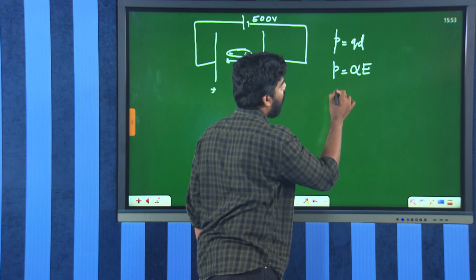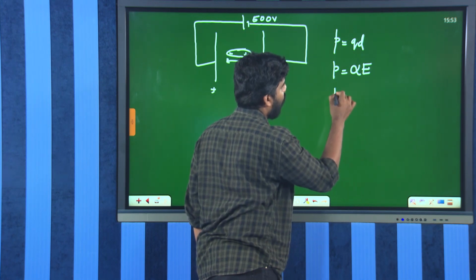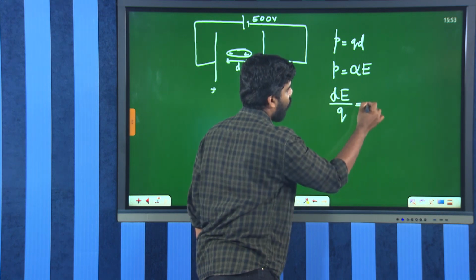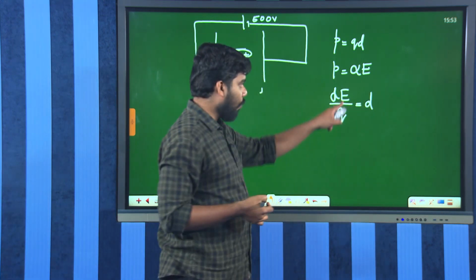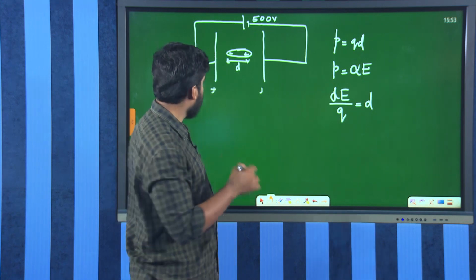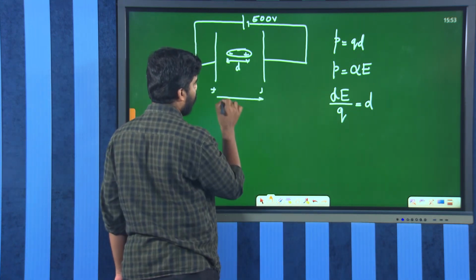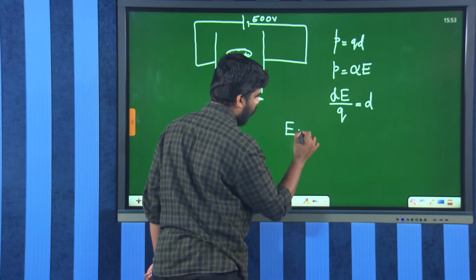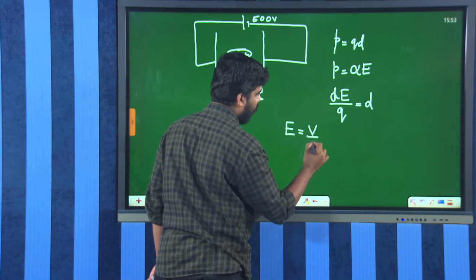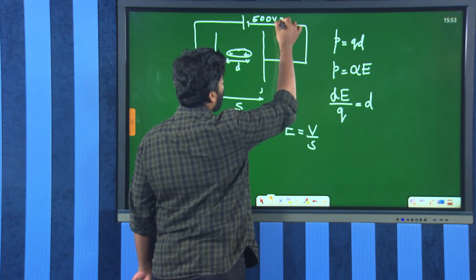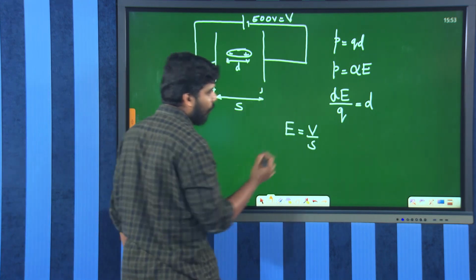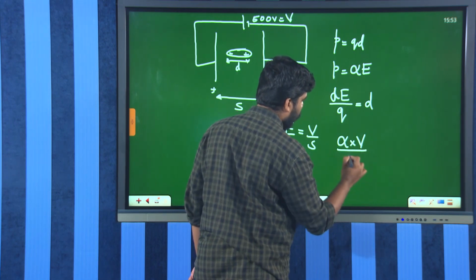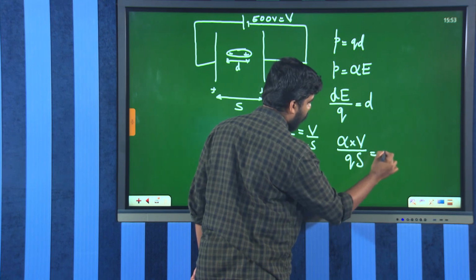It's an easy problem: D is equal to alpha E divided by Q. The plate separation is given as S, and E is equal to V by S, where V is the potential applied. So you can easily find D is equal to alpha into V by Q into S.